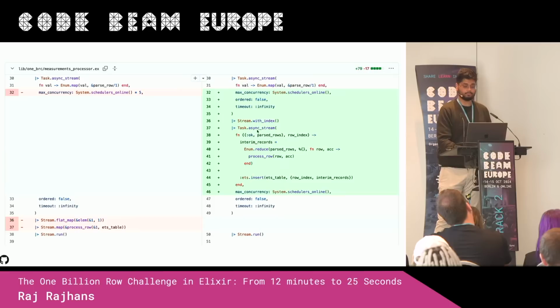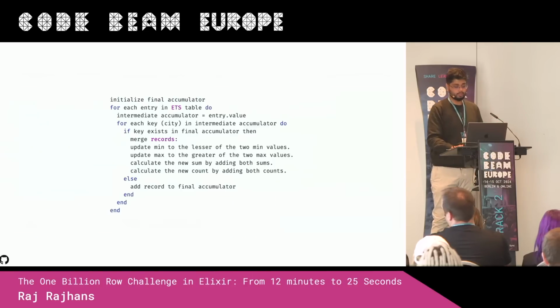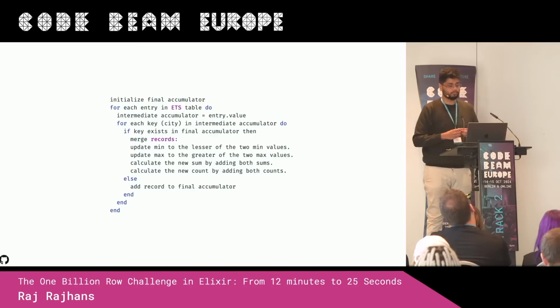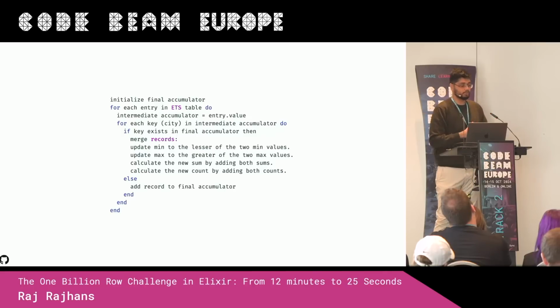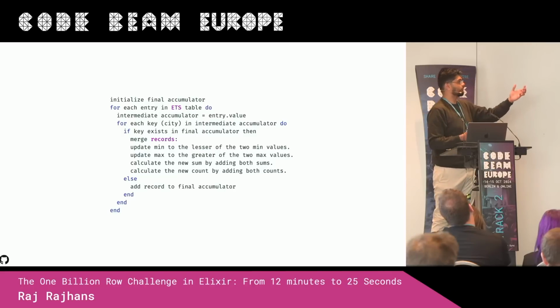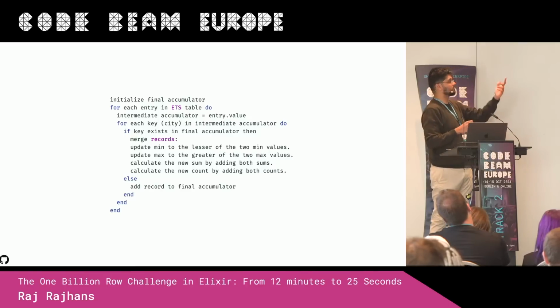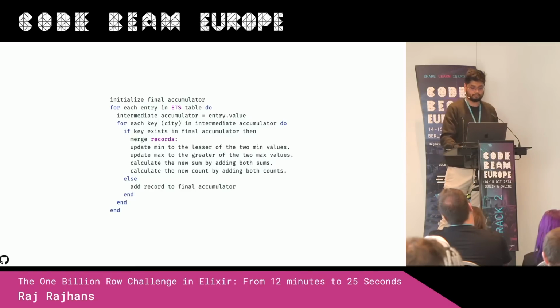Row index is what I'm getting from Stream.with_index, and this will ensure that we are not overwriting the same data and we are not causing race conditions. So after this is done, we run a final pass to merge all of the outputs into one. It's pretty simple. We have a final accumulator, and then for each city, for each intermediate result, we just check if it exists in the final accumulator and merge them if it does, or add it if it does not.